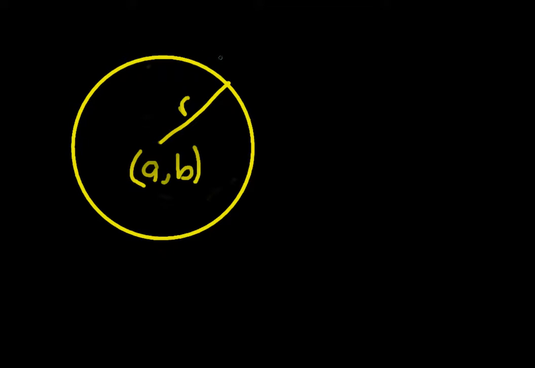Again, the boundary of this circle all the way around should be all the points. Let's just give this a generic point, and call it x, y. And the point x, y should be on the circle if its distance from A, B is r.